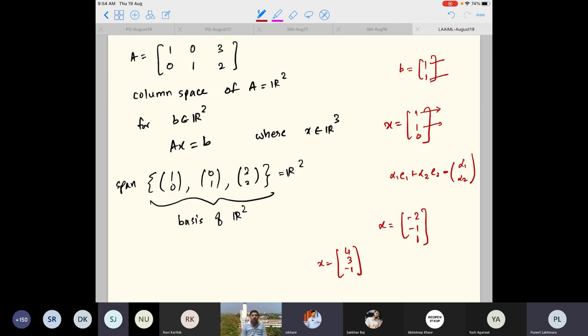Sir, so we can say that there are infinite solutions. If we look at the second picture of matrix multiplication, where I can write the three components of x as x1 times the first column, x2 times the second column, x3 times the third column is equal to b. Now I can break the last column into 3 times the first column plus 2 times the second column, and it will become (x1 plus 3x3) times the first column plus (x2 plus 2x3) times the second column.